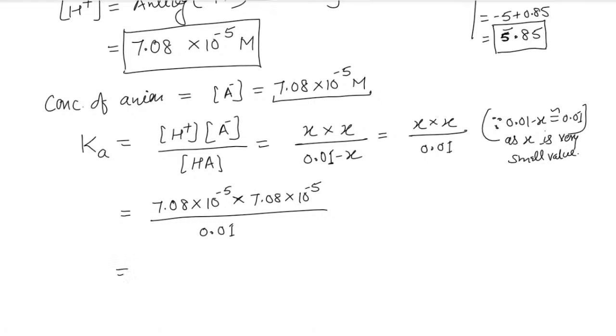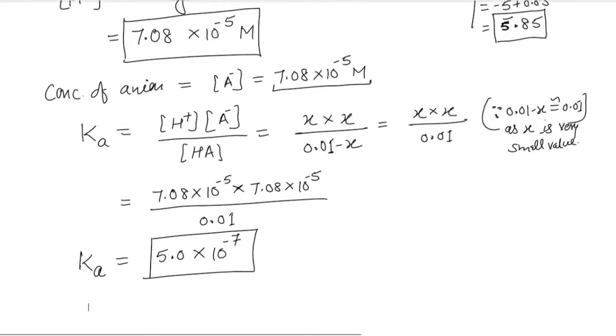So what is the result? 7 7s are 49, so roundabout 5.0 into 10 raised to power minus 7. Because 7 7s are 49 and it is 7.08 into 7.08, so almost 50 into 10 raised to minus 8. So 5.0 into 10 raised to minus 7. So this is Ka.